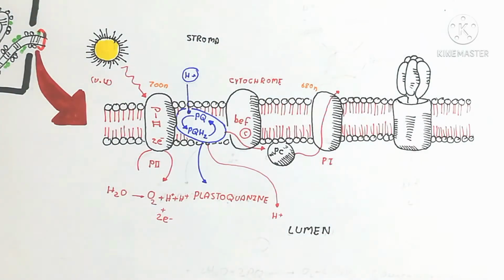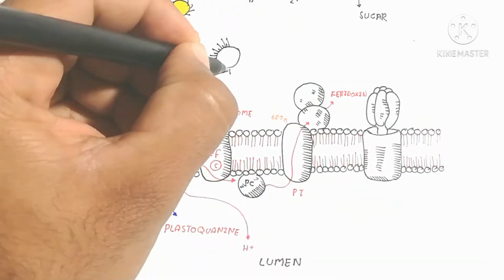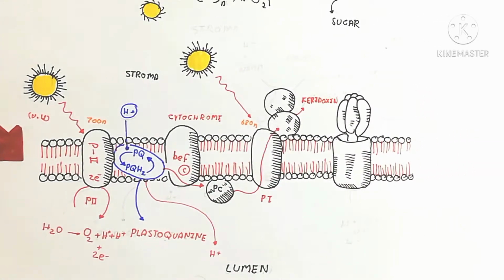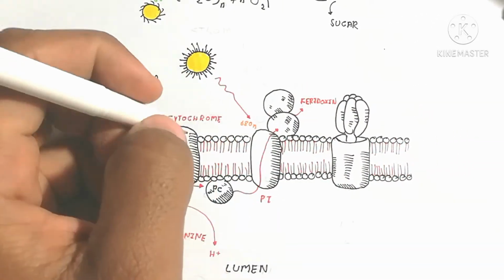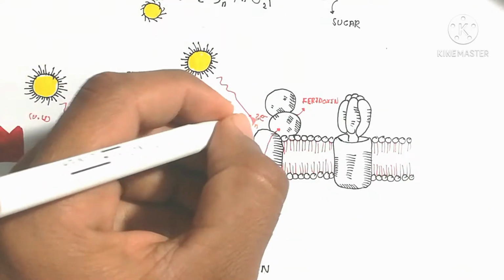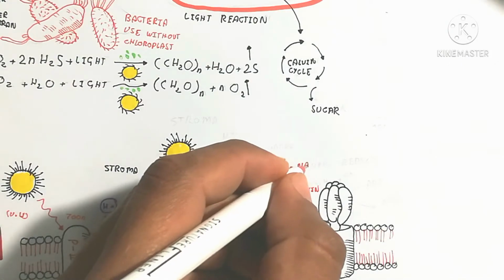In photosystem 1 the energy is much lower. Photosystem 2 absorbs light at 680 nanometers, and photosystem 1 at 700 nanometers.